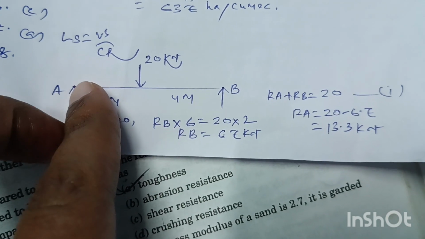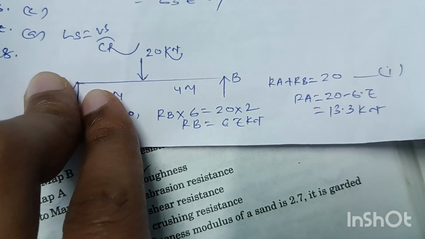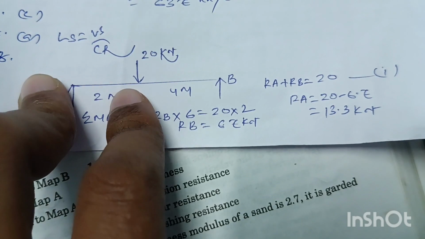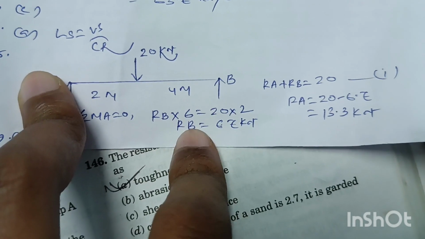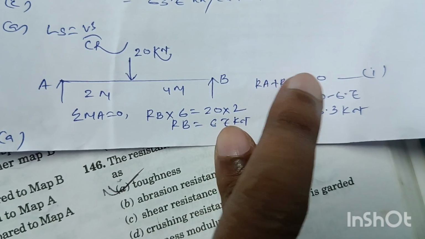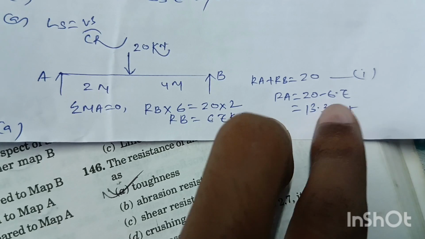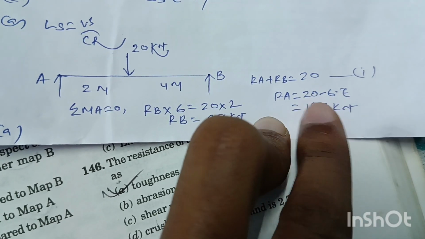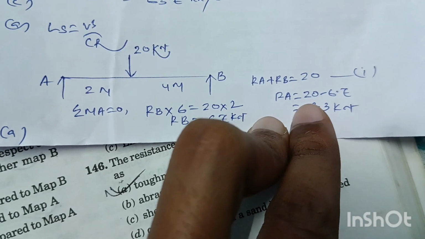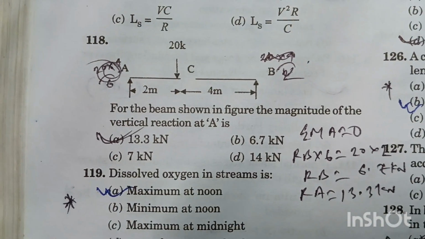So taking moment at A, RB into 6 will be equal to the clockwise moment 20 into 2. So RB equal to 6.7 kN, and we know the reaction RA plus RB will be equal to 20 kN. So if we put the value of RB equal to 6.7 kN, RA will be equal to 20 minus 6.7 equal to 13.3 kN. Option A is the right answer.